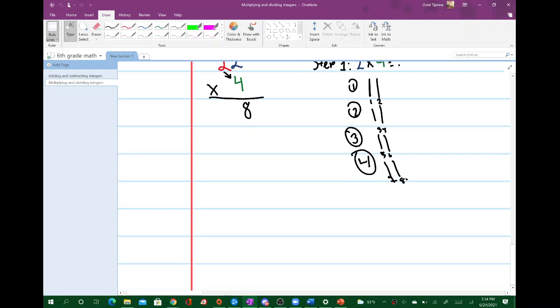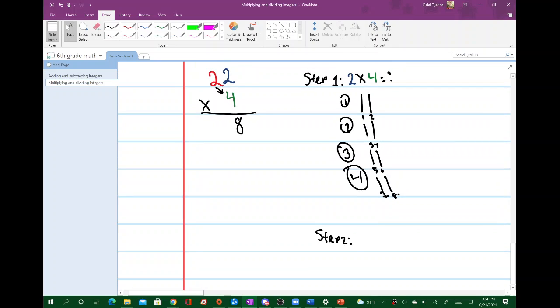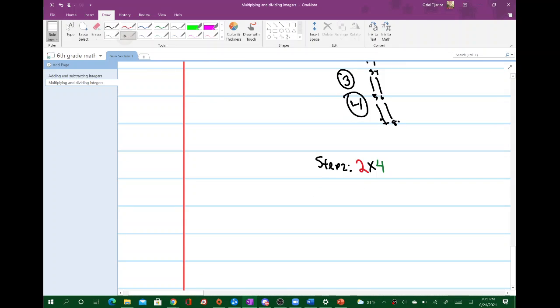Now I'm going to do step 2. What is 2 times 4 equal to, right? I'm going to do 2 four times. So think of it as a group. This is 1, I'm going to do it again, 2, 3, and then 4.